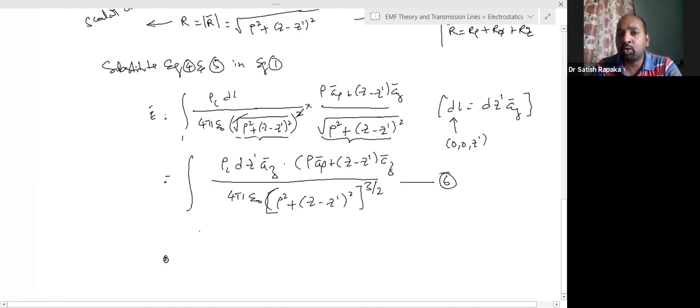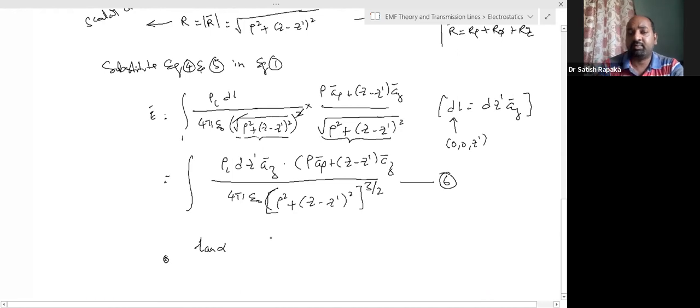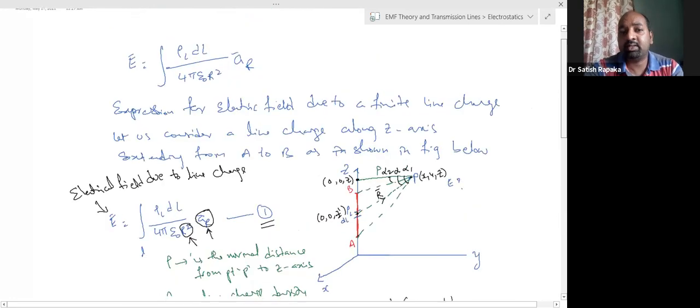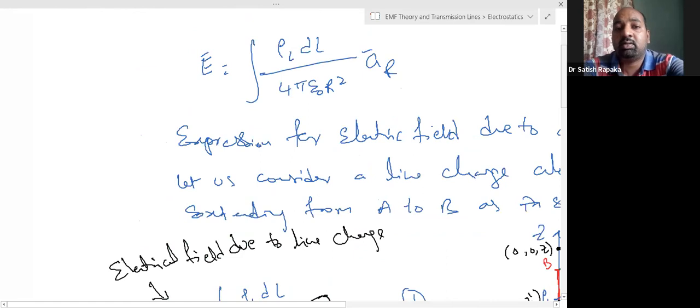To do so, from the figure, tan alpha. This simplification you will understand later. So in this figure, just try to understand.